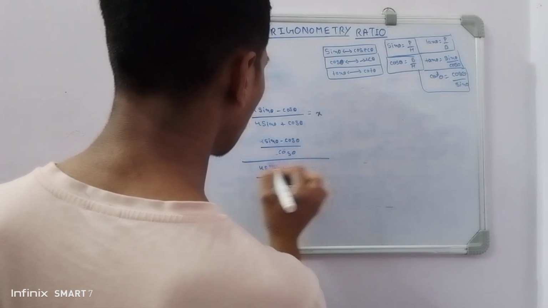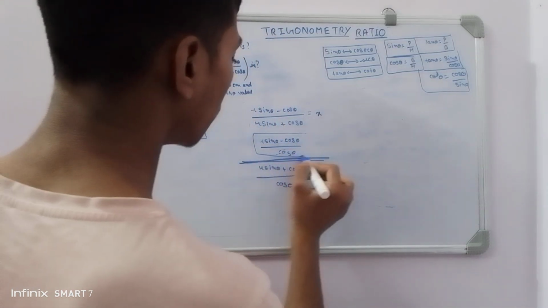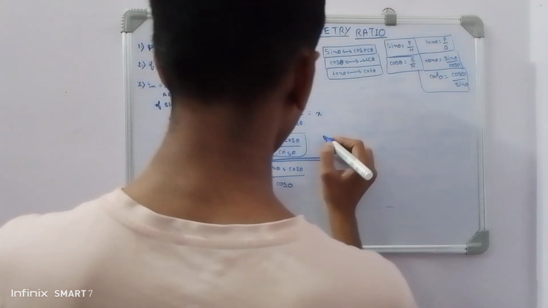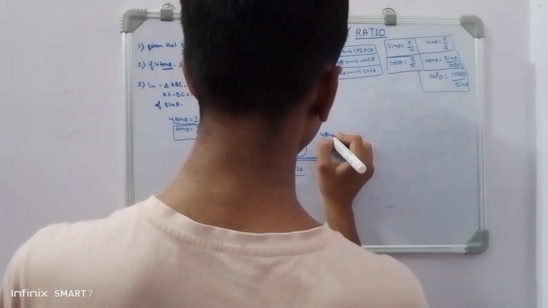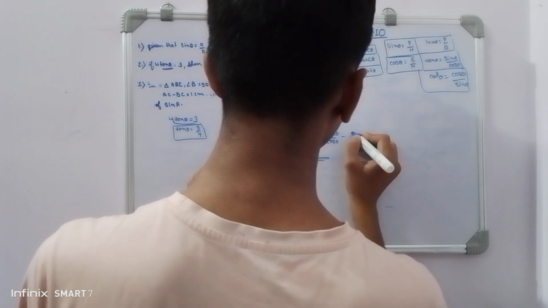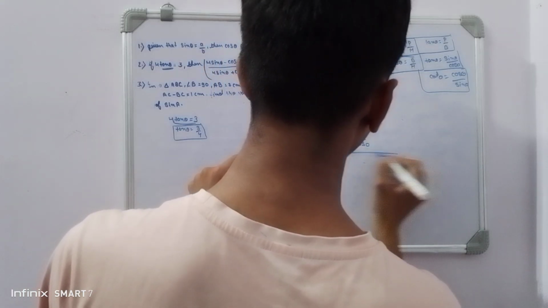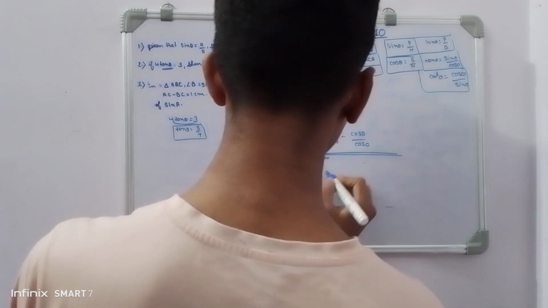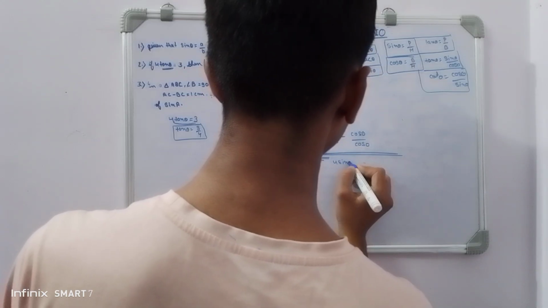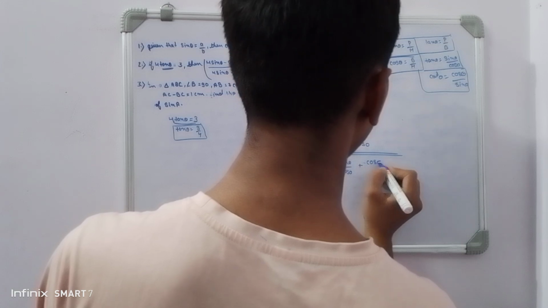This is why we could multiply by cos theta, because there is no change. Now solving this, you will get 4 sin theta by cos theta, and cos theta by cos theta, and in the denominator 4 sin theta by cos theta and cos theta by cos theta.